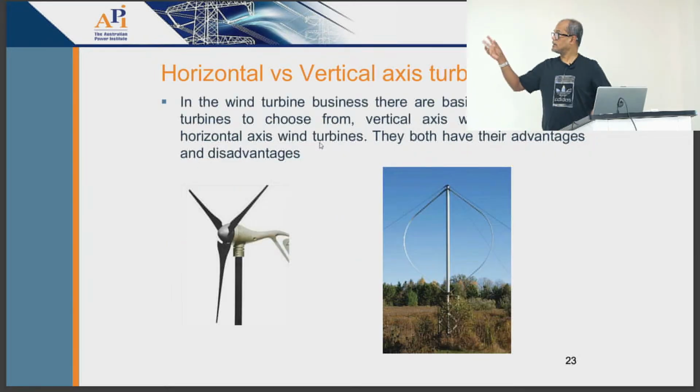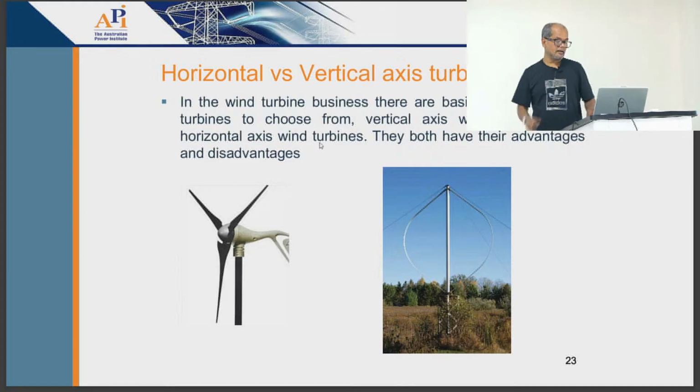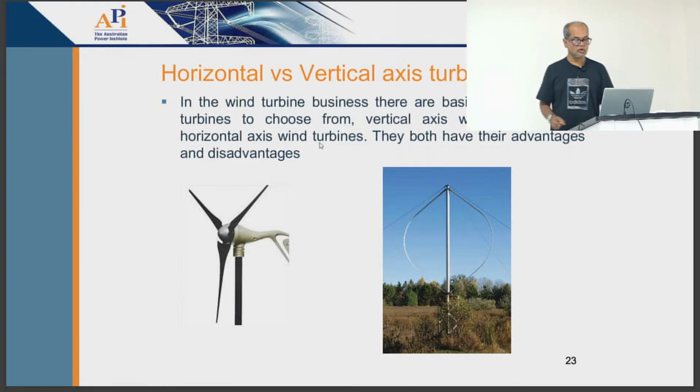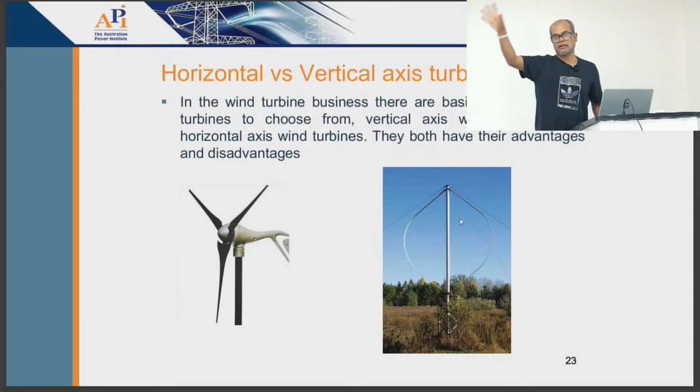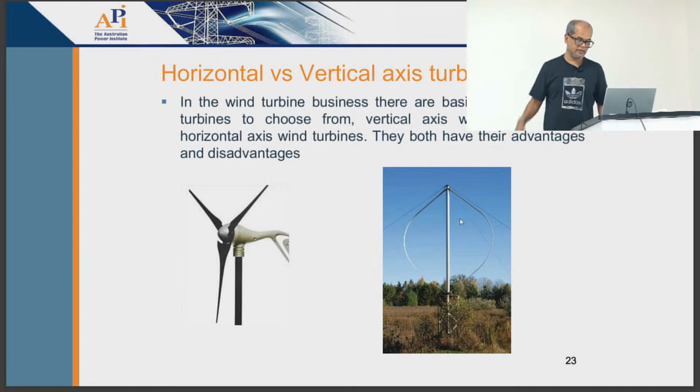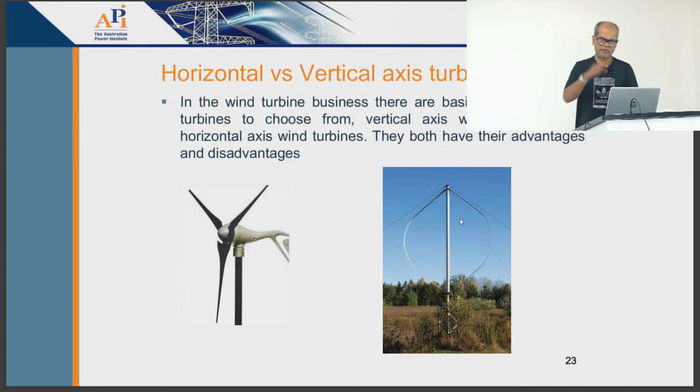And then depending on the construction, it could be either horizontal or vertical, depending on how it rotates. If you want a small size wind turbine, then it would be a vertical one. It could be on your rooftop or in the community area, even on the campus, because it's small, but it has different types of shape as well.